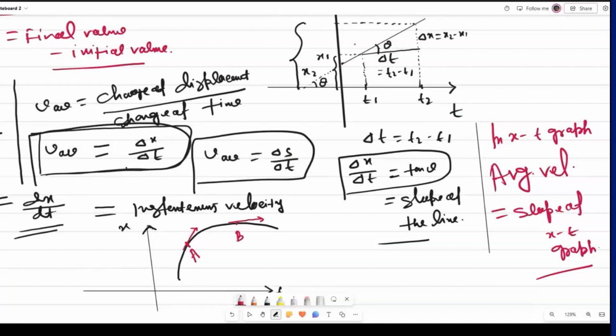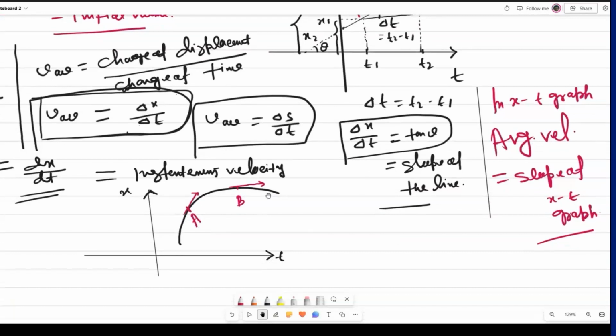If there is a point A and a point B, the velocity at A is not equal to the velocity at B for a particle moving in a curvilinear path. That quantity is going to change in the case of a curved path.